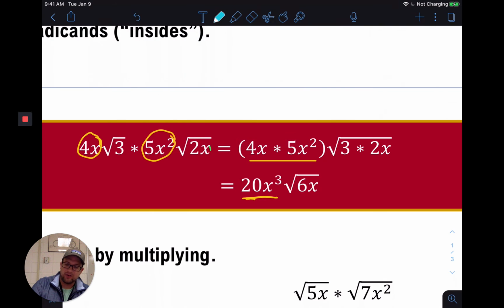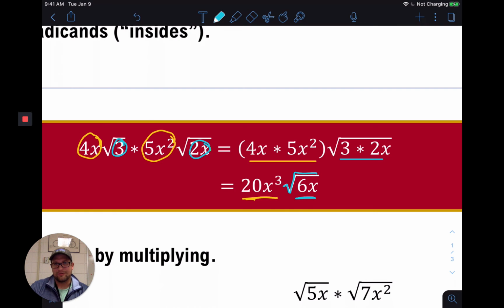Now, following that, we then took the inside numbers and multiplied those together. You can see that right here, 3 times 2x, and that gave us 6x, and notice how that stayed inside of our square root over there.